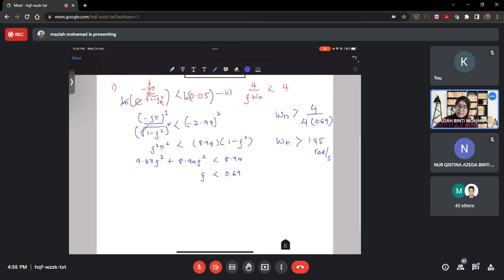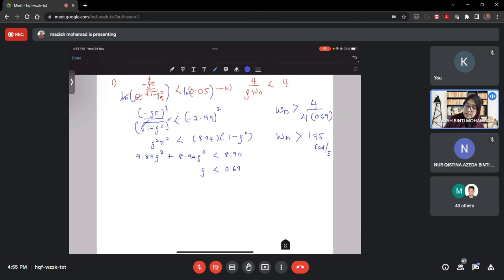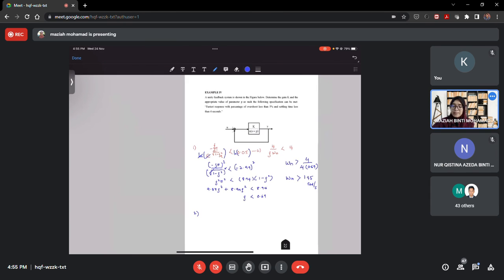Then we're going to compare to the closed loop transfer function, right?